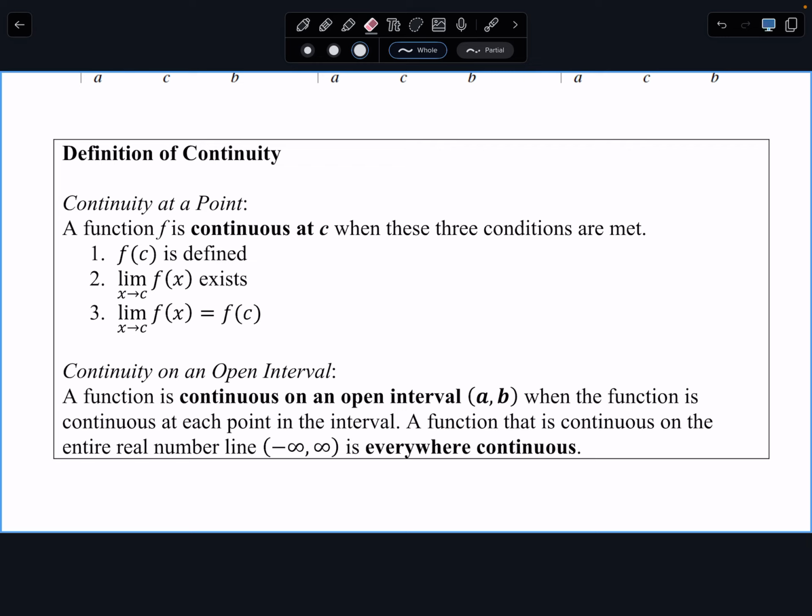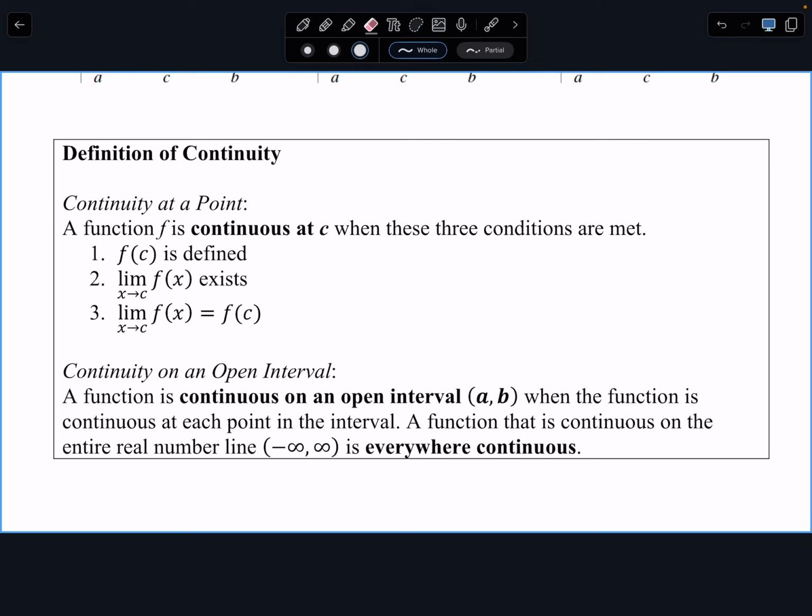A function that is continuous on the entire real number line, negative infinity to positive infinity, so you could trace the entire graph from negative infinity to positive infinity, you could say that that function is continuous everywhere, or everywhere continuous. I point that out because there are often times, like in a free response question, where you'll be given information about the continuity of the function.